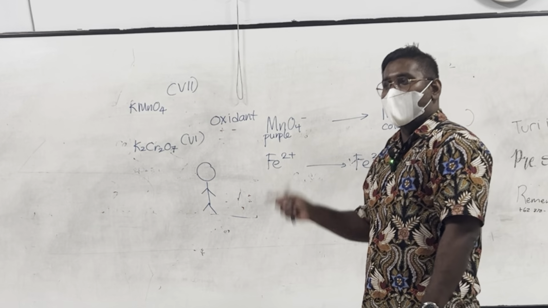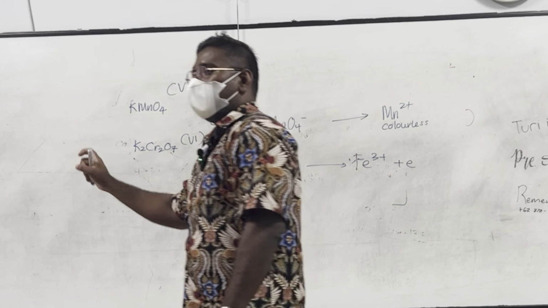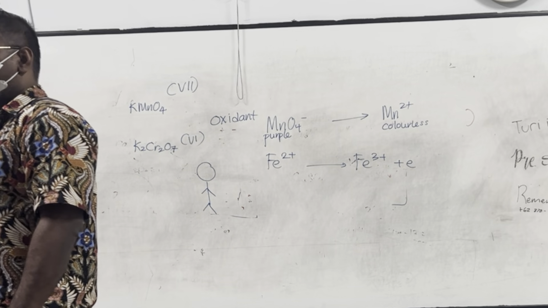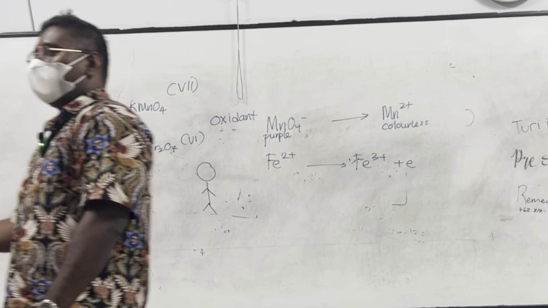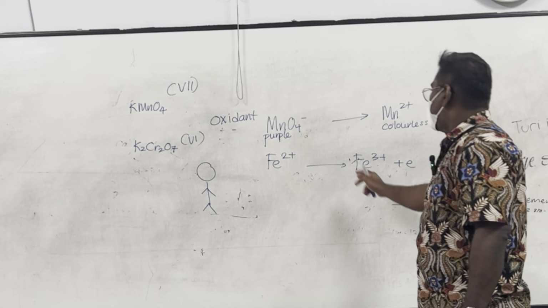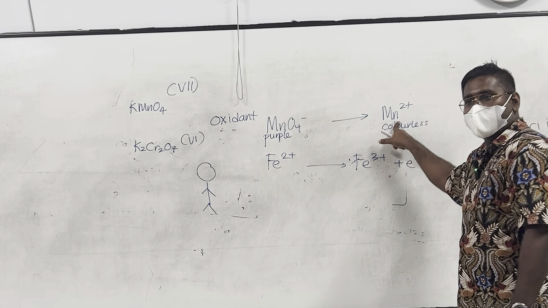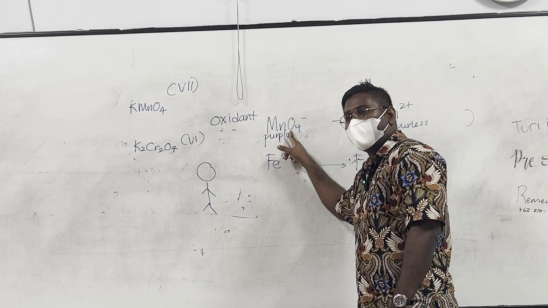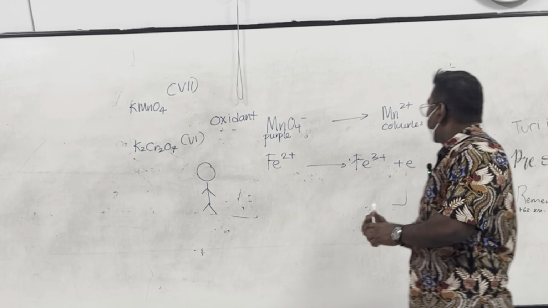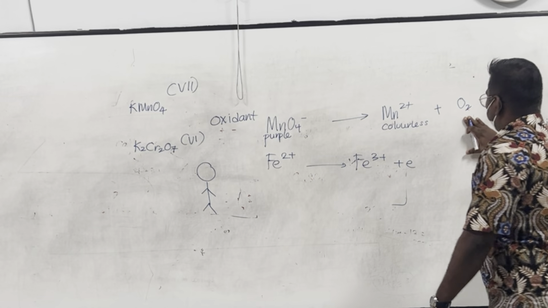For the OH-, you have O changing into O2, and hydrogen changing into water. Now, you have Mn changing into Mn2+, and Ishana was asking what happens to the O. Can you tell me, will it be O2 or something else?